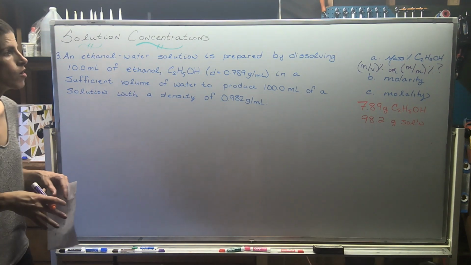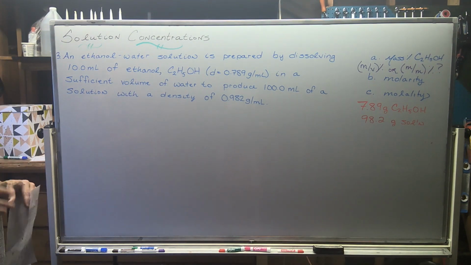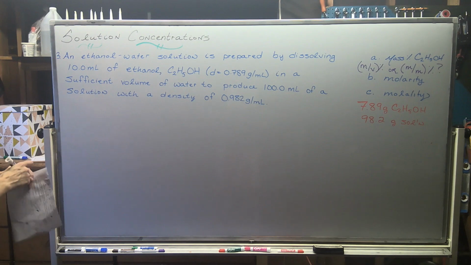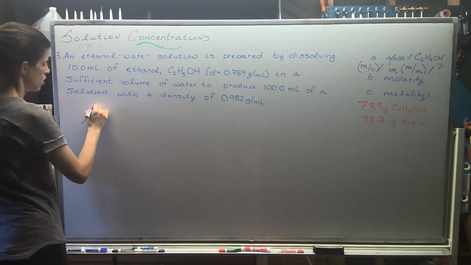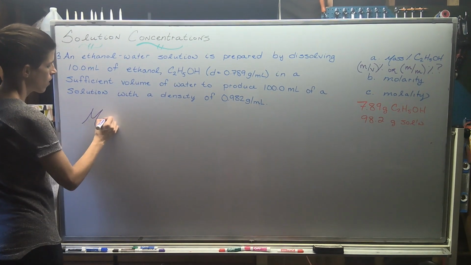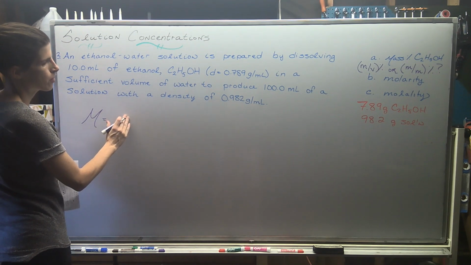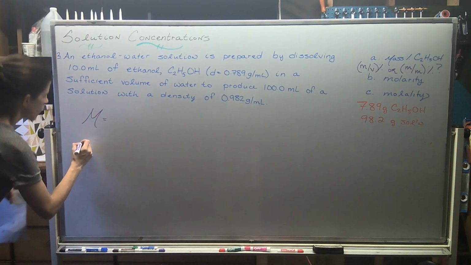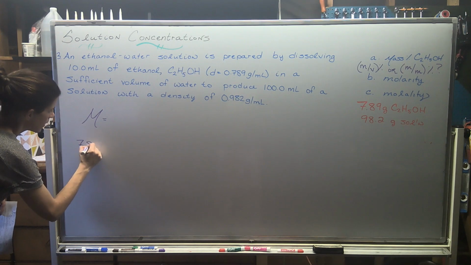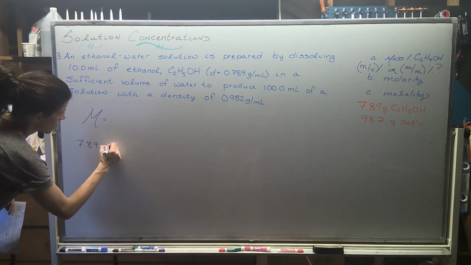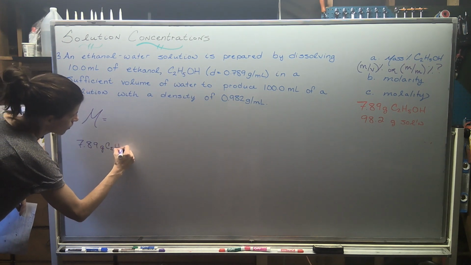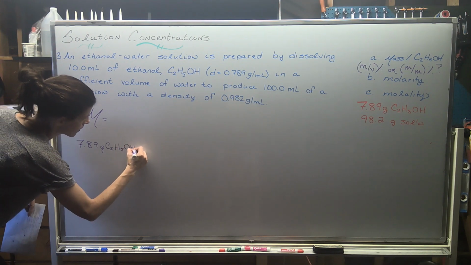Alrighty, so in part B, we're asked to calculate the molarity of the solution. So definitely a calculation that we're familiar with. We're going to need the moles of the ethanol for the numerator. So I'm going to grab the 7.89 grams of ethanol that we calculated earlier using the density.